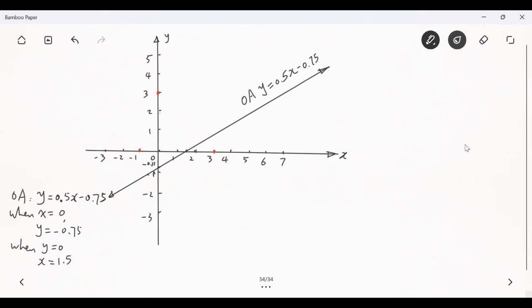And the VA is x equals 0.5. Vertical asymptote. Yeah.